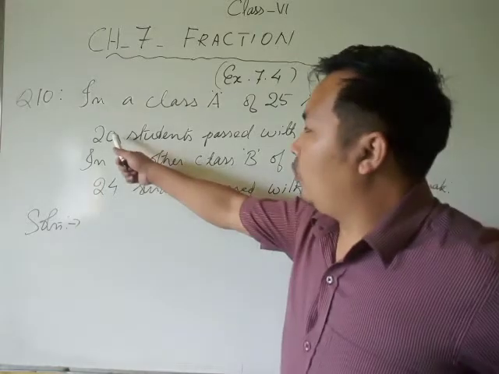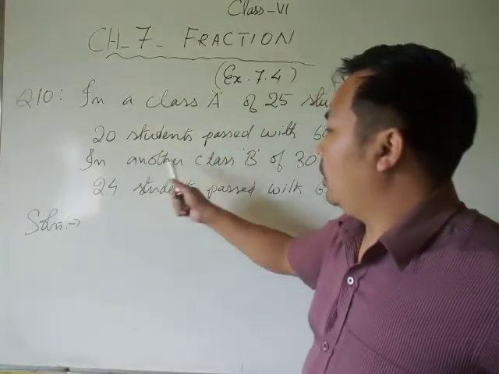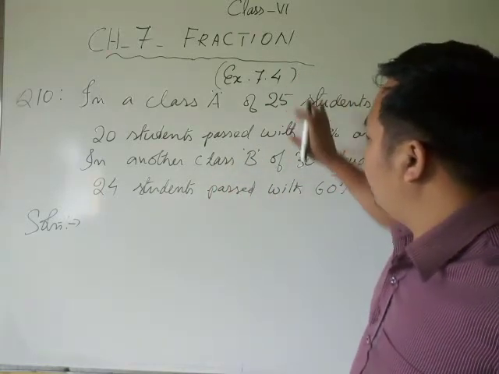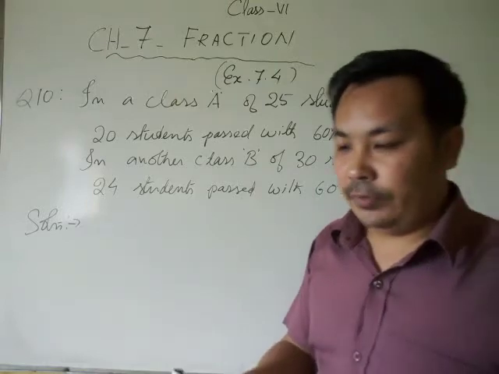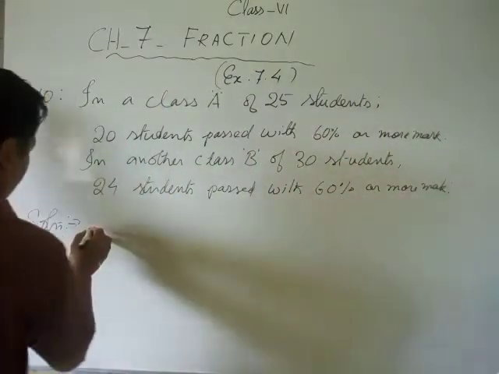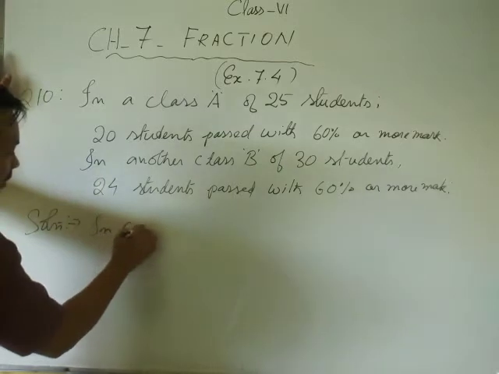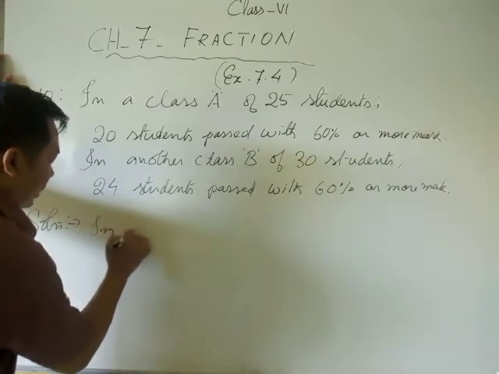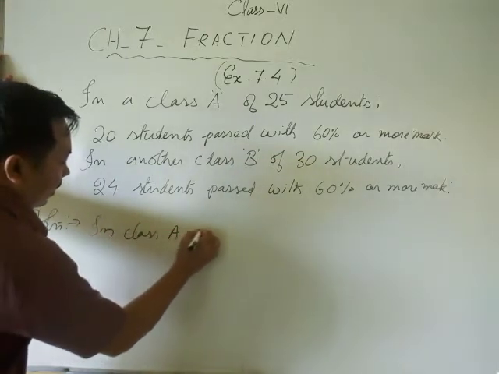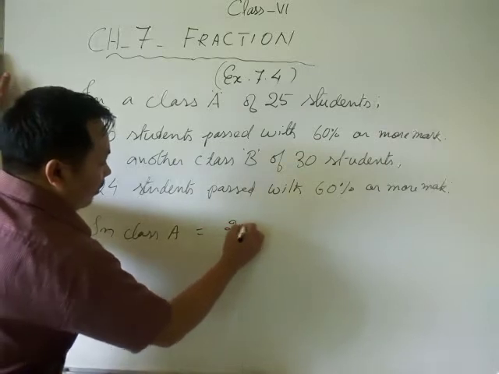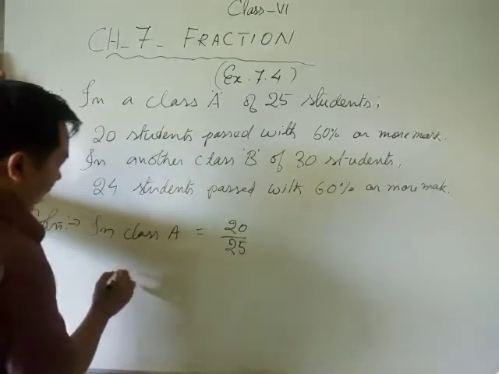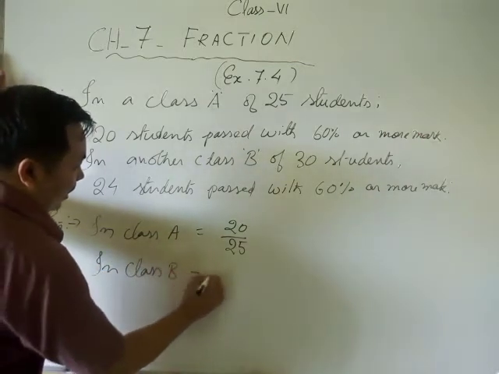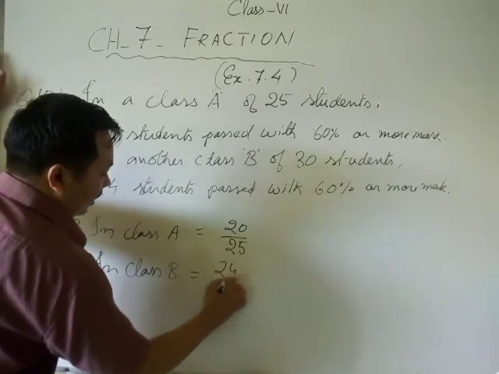See, the number of students is 20 in class A and 24 in class B, but the total number of students is different. Here it is 25, here it is 30. So we will write the fractions for A and B. In class A, it is 20 by 25, and in class B it is 24 by 30.